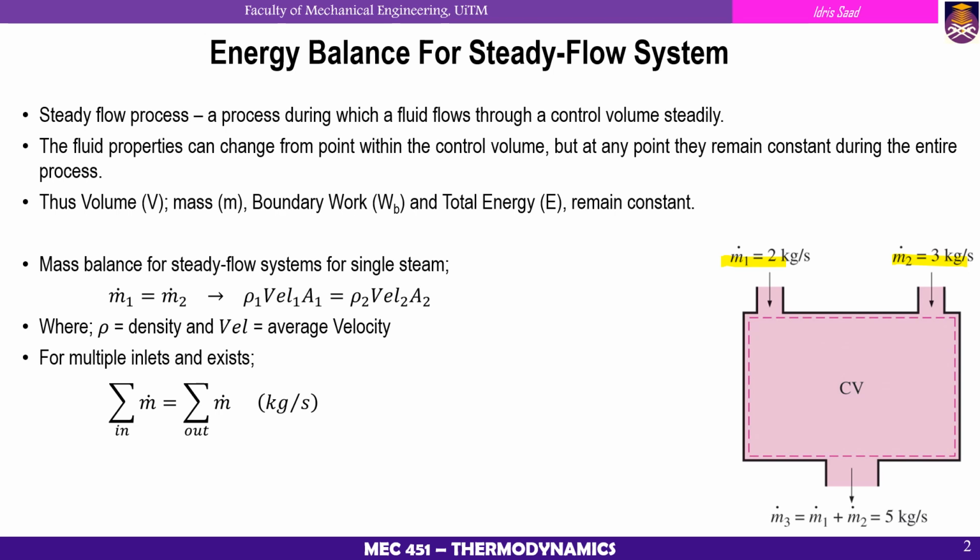Since the mass flow rate at the inlet is constant, as well as the volume remaining unchanged, the mass flow rate at the inlet must equal the mass flow rate at the exit of the system. Or we can write it as m dot 1 is equal to m dot 2. This equation is known as the mass balance equation.